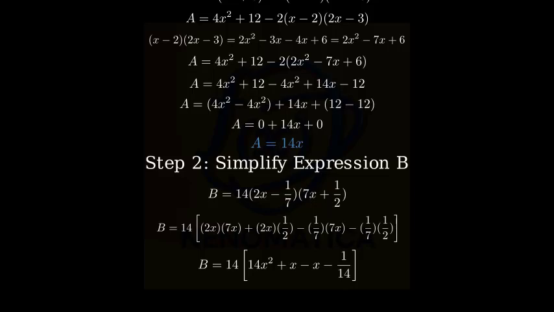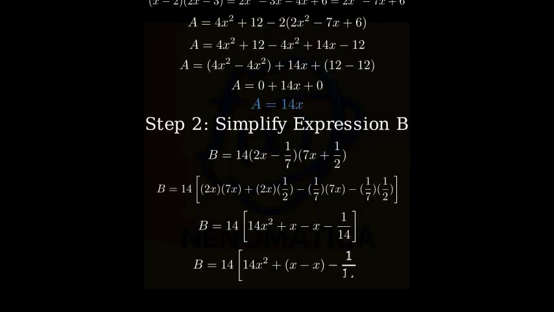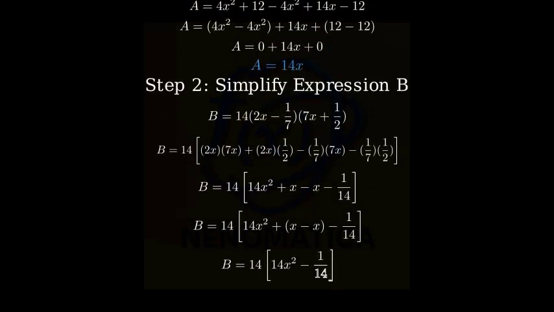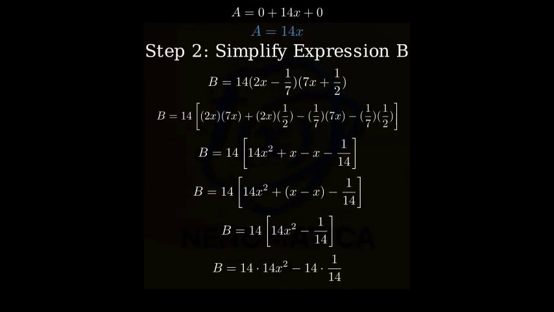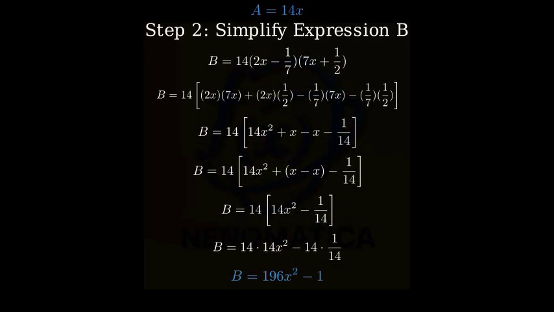Let's simplify this further. Inside the brackets, x minus x equals 0, so we're left with 14x squared minus 1/14. Multiplying through by 14, we get 196x squared minus 1. So b equals 196x squared minus 1.